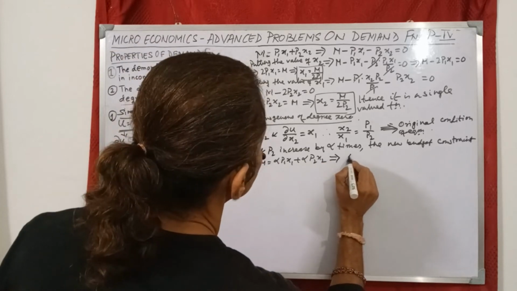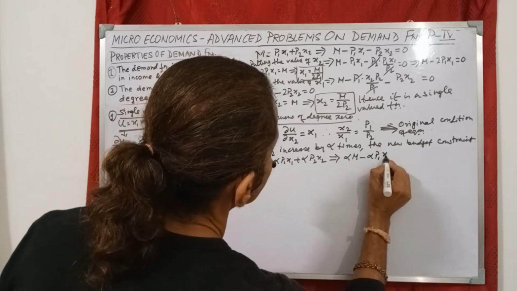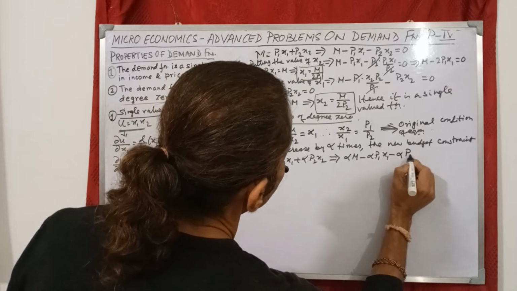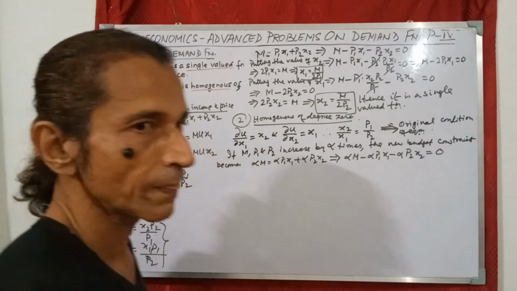This means alpha M minus alpha p1 x1 minus alpha p2 x2 equals 0. Correct?